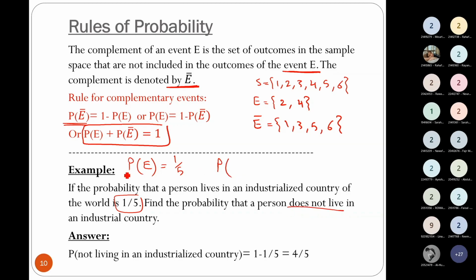This means the complement, not live. So this equals 1 minus P(E), that equals 1 minus 1 over 5 equals 4 over 5. This is the probability that the person selected doesn't live in an industrial country.